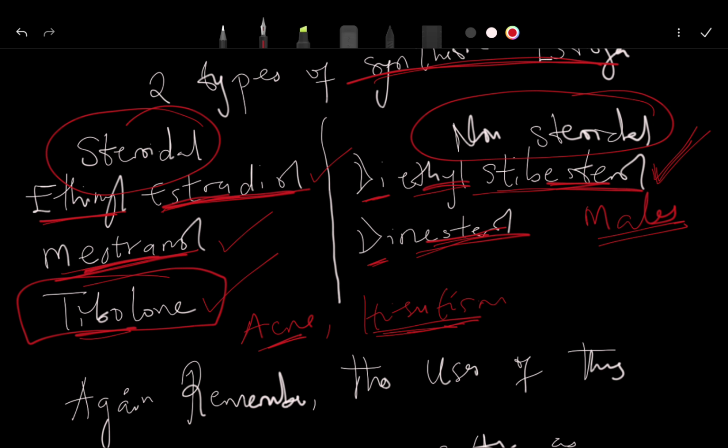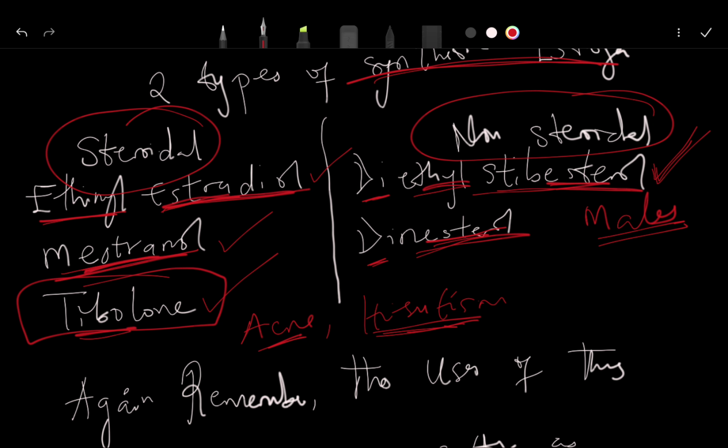It acts as estrogen, so it will signal the pituitary that there is enough estrogen, so no need for FSH and LH. If there's a reduction in FSH and LH, there will also be a reduction in testosterone level, because FSH and LH are responsible for the production of testosterone in the gonad. So that's how it works.